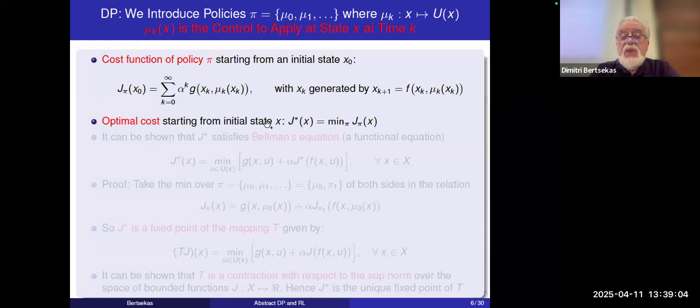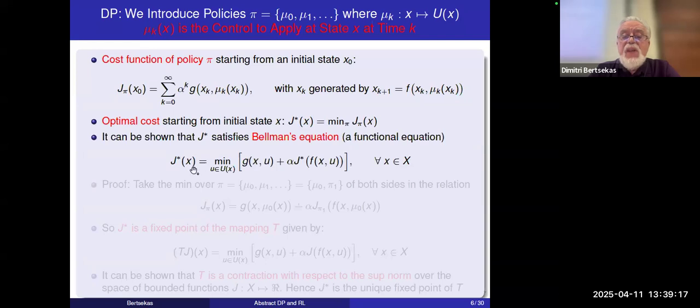Now, the optimal cost starting from state x is obtained by minimizing over all policies pi. This J star of x, the optimal cost function, is the key object in dynamic programming, and it satisfies a fundamental equation, Bellman's equation. This is a functional equation. It's an equation over functions, and it has a solution J star.